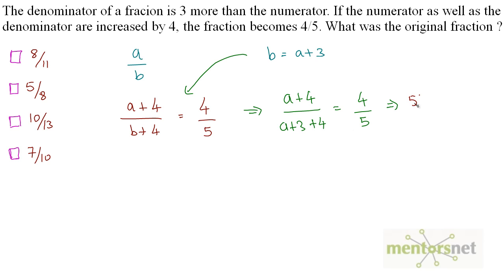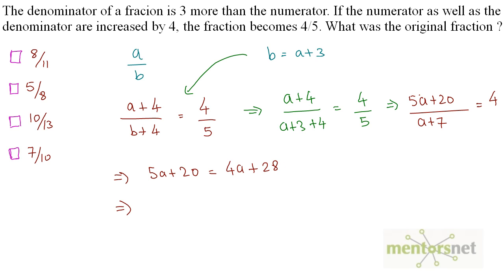So 5A plus 5 4s are 20 divided by A plus 3 plus 4 is 7 is equal to 4. Let's move this A plus 7 to the right hand side. So we get 5A plus 20 is equal to 4A plus 4 7s are 28.